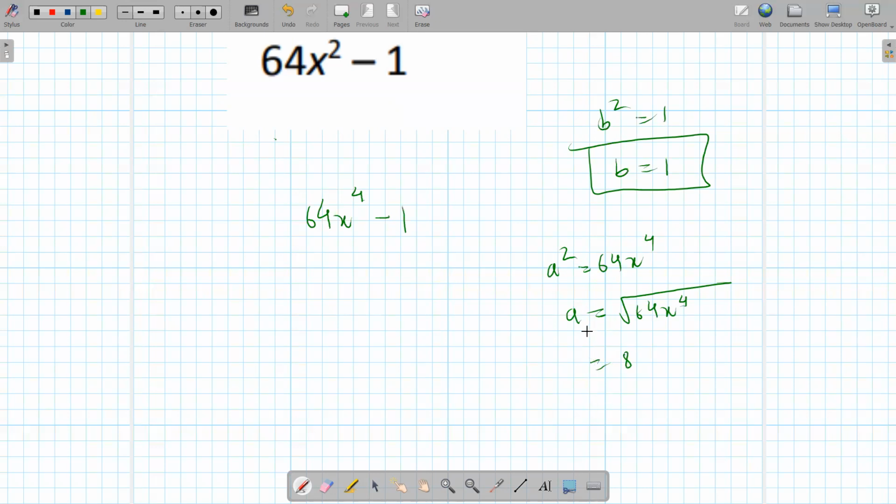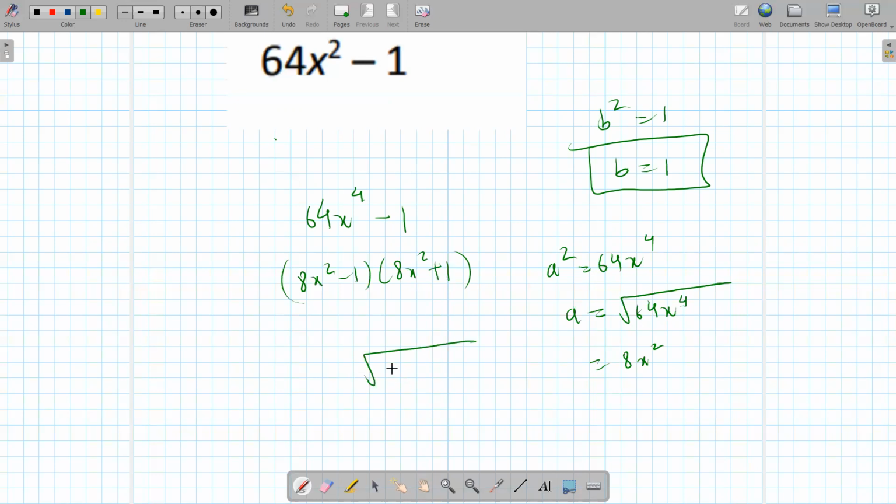So you get something like this. The square root of 64, x to the power of 4. Square root of 64 is 8. What's the square root of x to the power of 4? x to the power of 2. Yeah, that's exactly what it is. So this one, we can rewrite as 8x squared minus 1 times 8x squared plus 1.